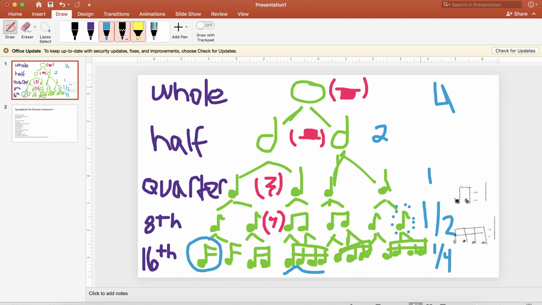So, whole note is 4 beats, half note 2 beats, quarter note 1 beat, an eighth note all by itself is a half of a beat. So 2 eighth notes together is 1, and that's why we beam them. And the same thing with here.